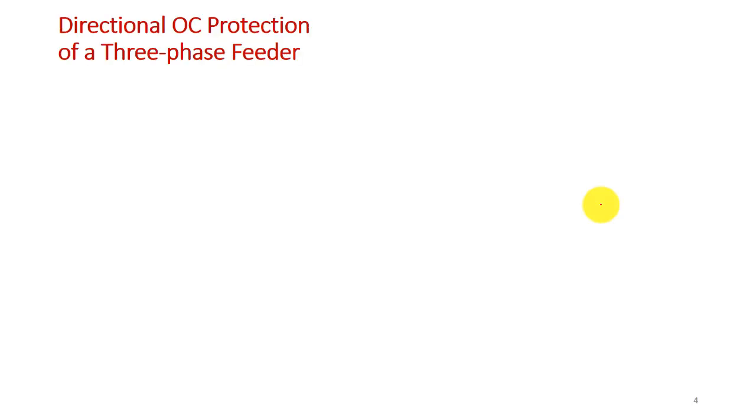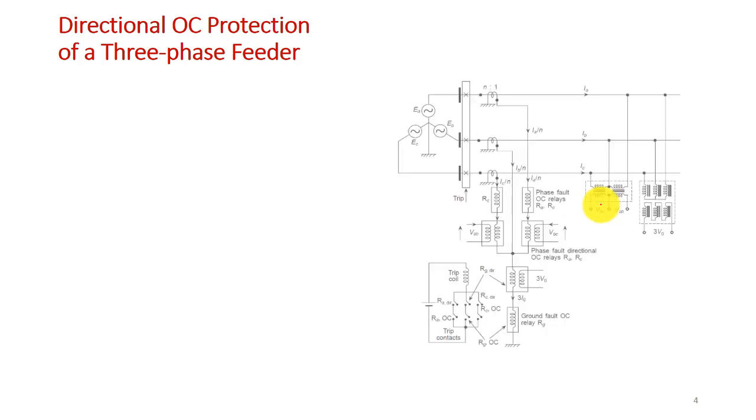Now we'll see the directional overcurrent protection of a three-phase feeder, how it practically looks. We have seen how to excite the relay for different phase faults and ground faults, and now we'll see how a directional overcurrent protection can practically be implemented in a three-phase feeder.